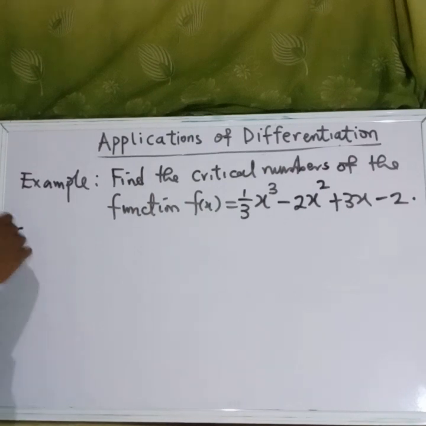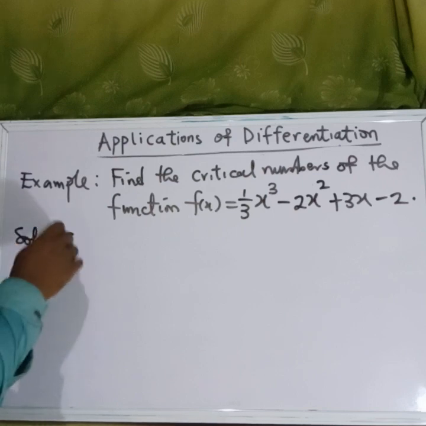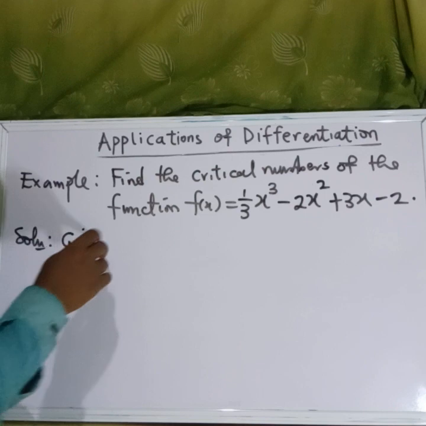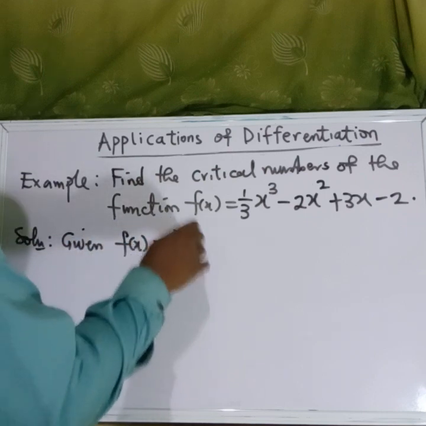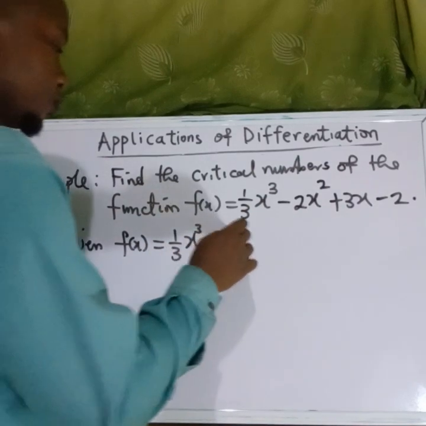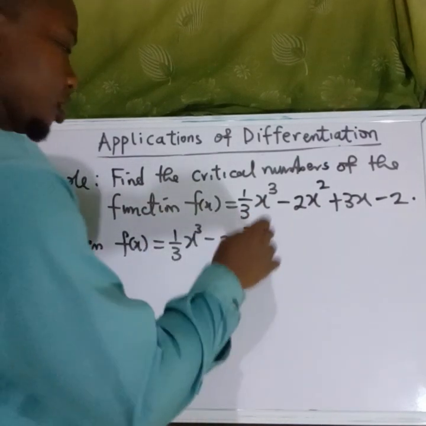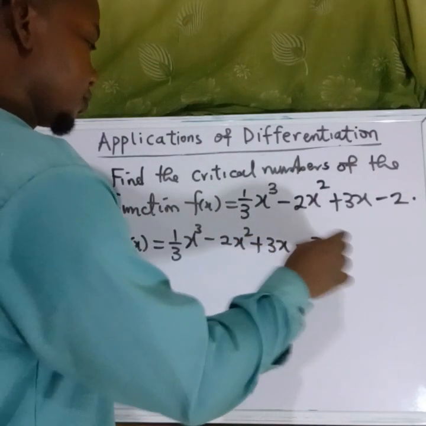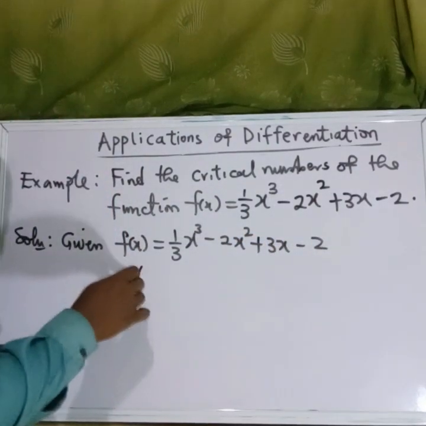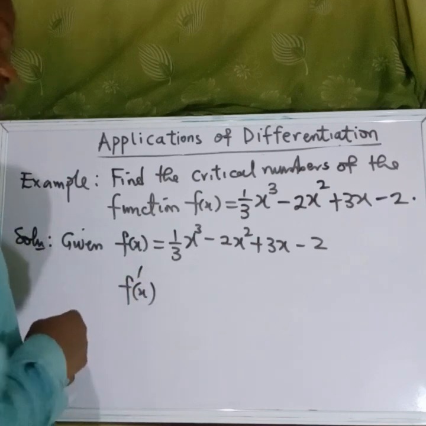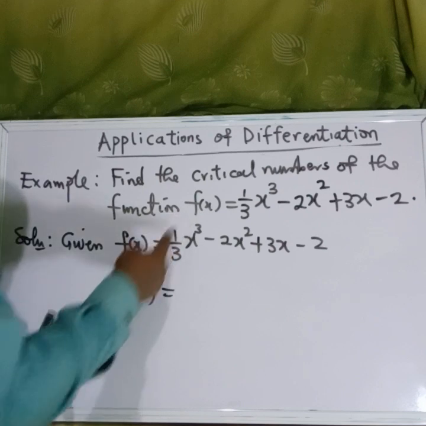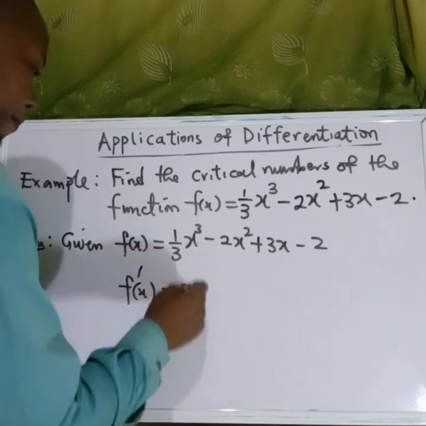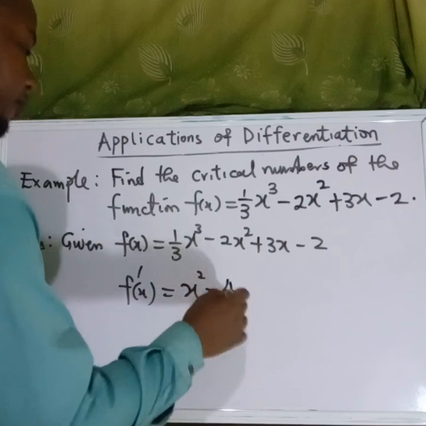Solution. We are given f of x equal to 3x cubed minus 2x raised to the power of 2 plus 3x minus 2. Again, according to the theorem, if you find the first derivative of this, it will be x squared minus 4x plus 3.